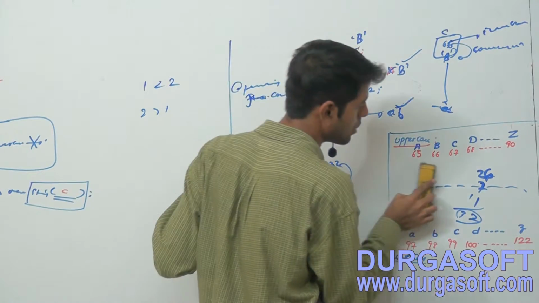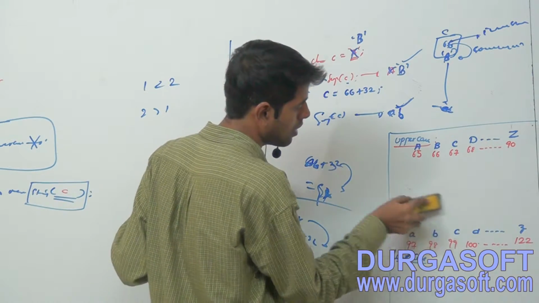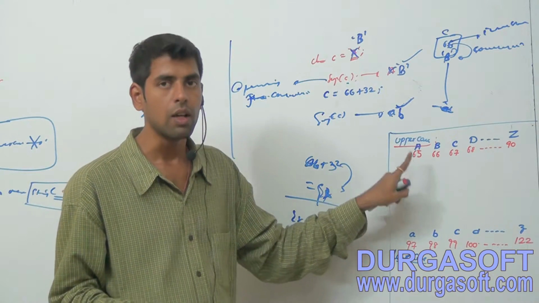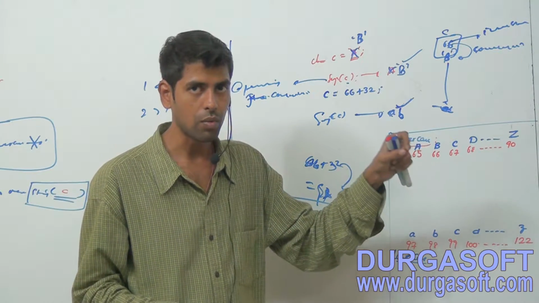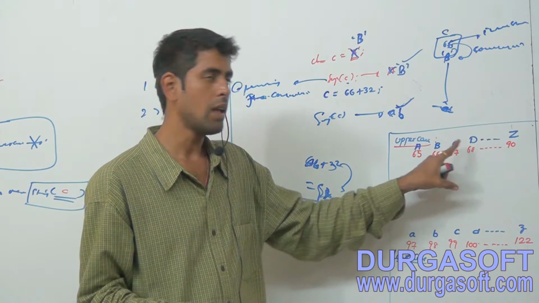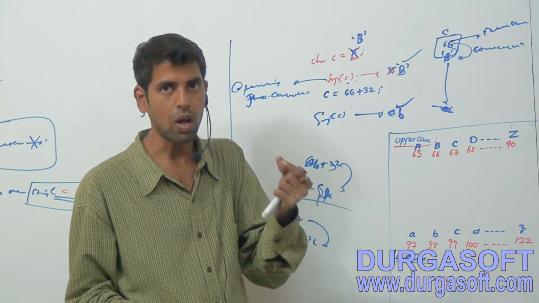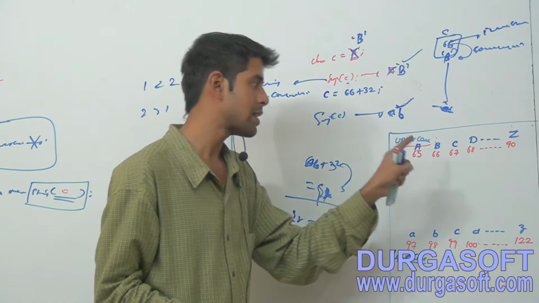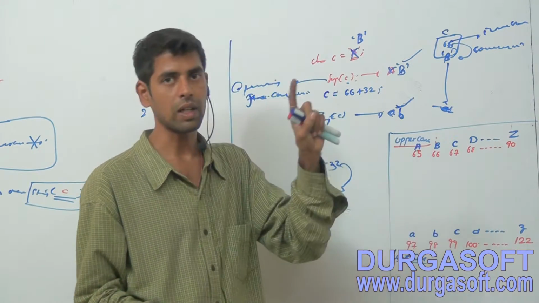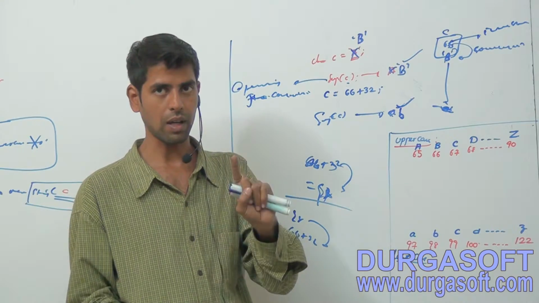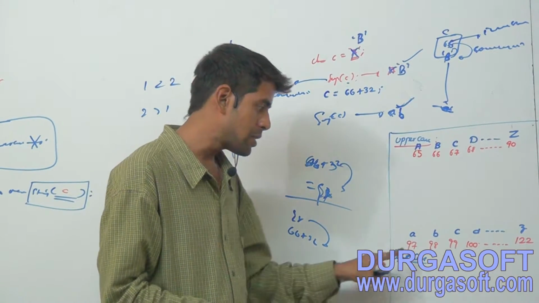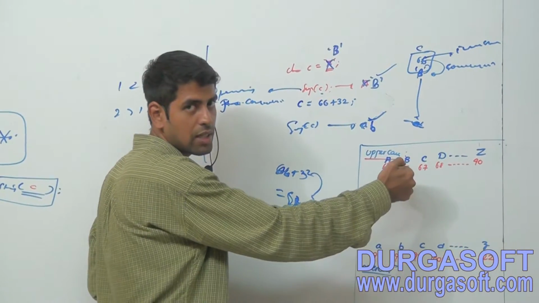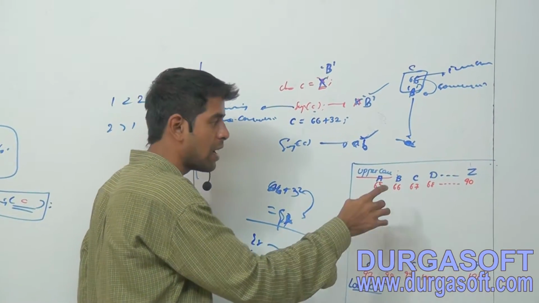If you add 32 units to any uppercase alphabetical Unicode value, it will give its corresponding lowercase alphabet. And if I subtract, if I move back 32 units, what will it give?